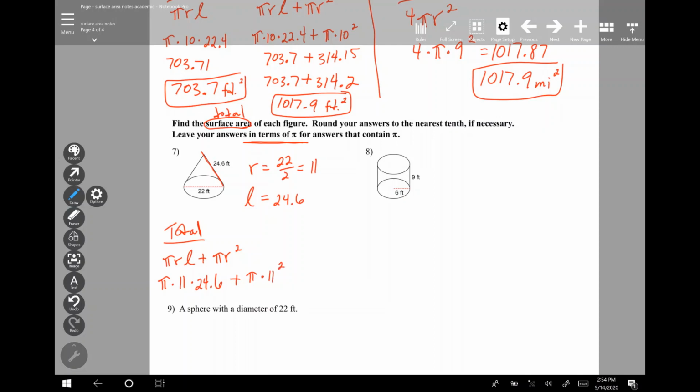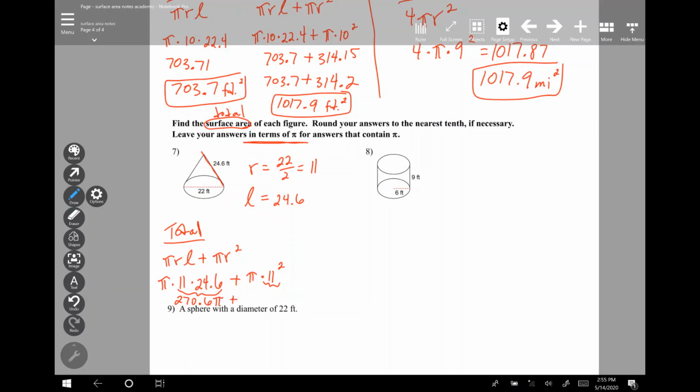Now I calculate these two things separately and then add them at the end. You see we have to leave our answer in terms of pi, so I'm only putting the numbers except for pi into the calculator. I'm going to do 11 times 24.6, and I will get 270.6, and then pi after that.